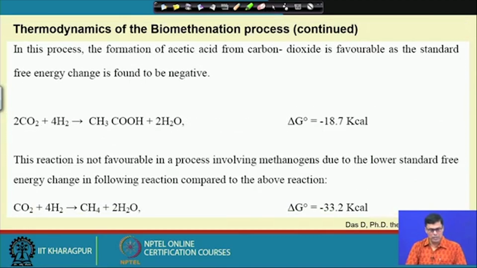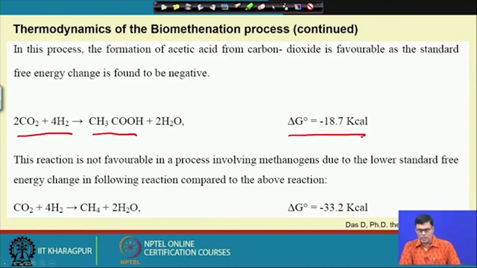Now, this acid also can be formed from carbon dioxide. Carbon dioxide and hydrogen form acetic acid, but the free energy change is minus 18.7 kilocalories.